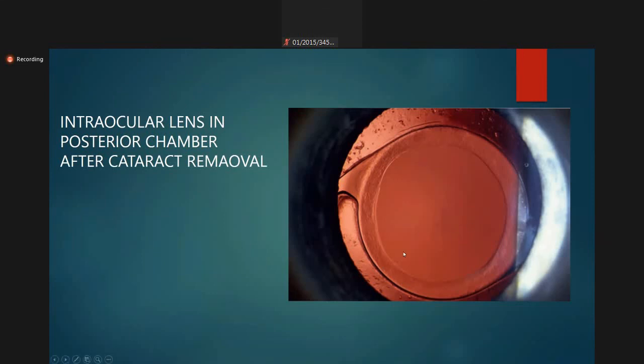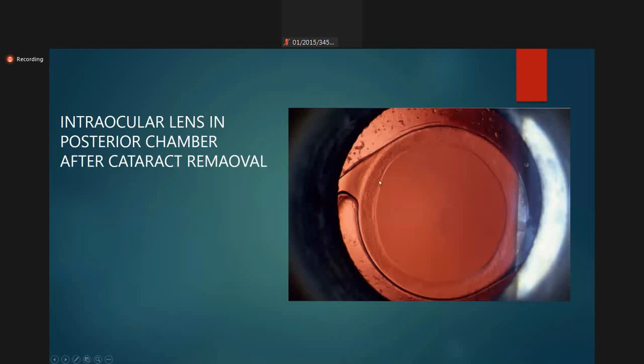This is a figure showing an intraocular lens. This is a dilated pupil: iris, pupil, dilated pupil. You can see a round rhexis. Behind the rhexis lies the intraocular lens.